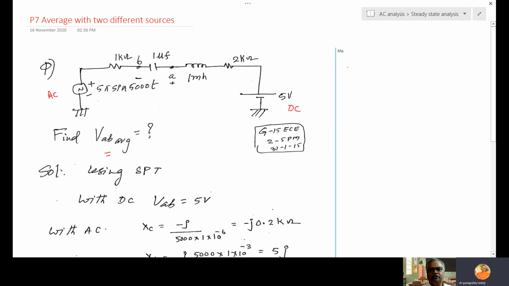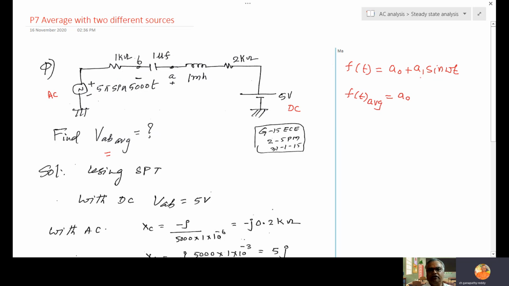This I explained earlier. If f of t contains some A0 plus A1 sin omega t, so DC plus AC, what is f of t average? It is A0 only.